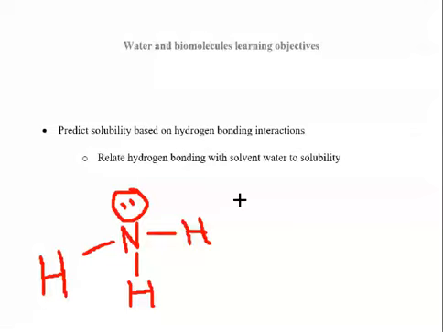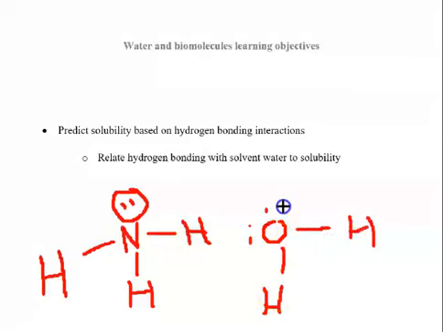So we have the potential to form a hydrogen bond here. This nitrogen hydrogen bond itself is polar, so we can then form a hydrogen bond with water over here.